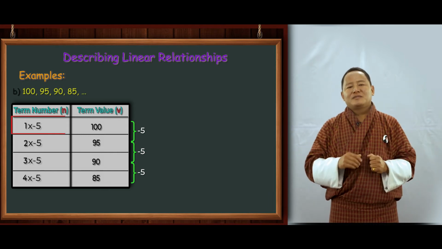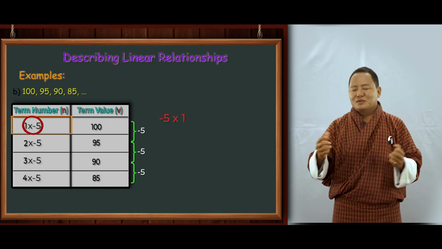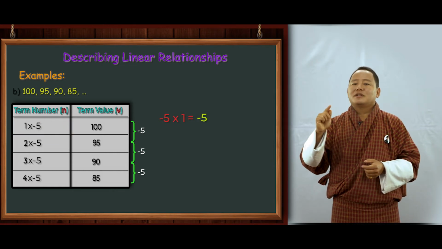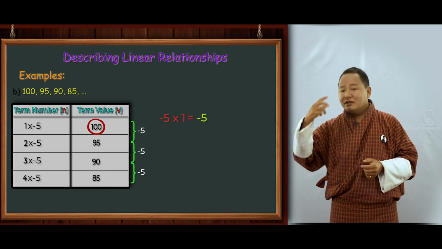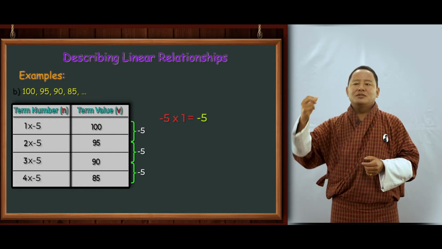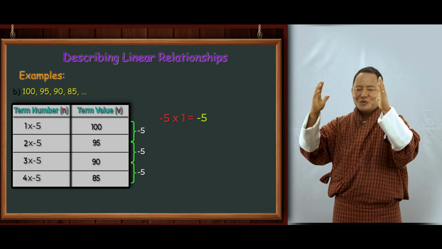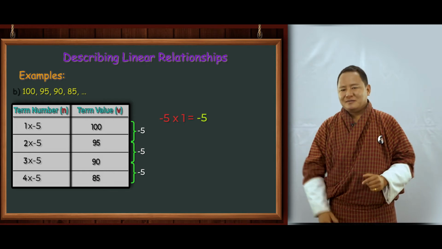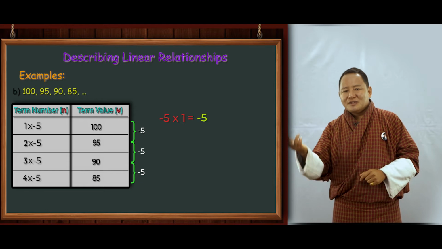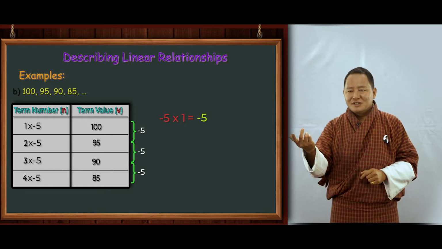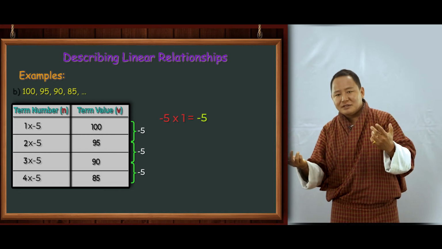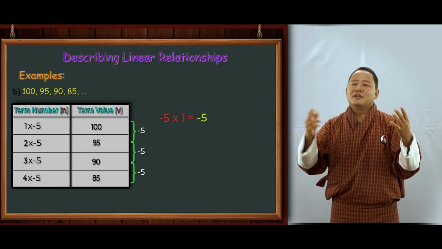So let's have a look. For the first term, 1 times negative 5, what is the value? Negative 5, right? But negative 5 is not at all equal to 100. So our aim is to get 100. In order to get 100, what should be the number that can be either added or subtracted? If I put negative 95, what will be the value? Negative 100.